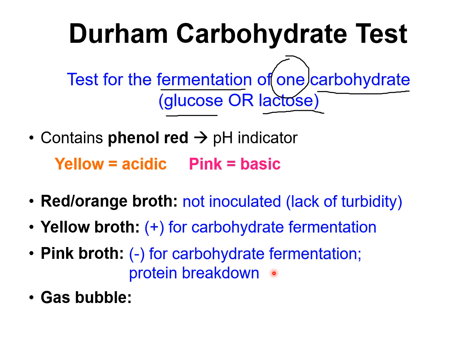But it was capable of using the other nutrients in the broth, such as the protein. So it was capable of using the protein, but not capable of fermenting the carbs.